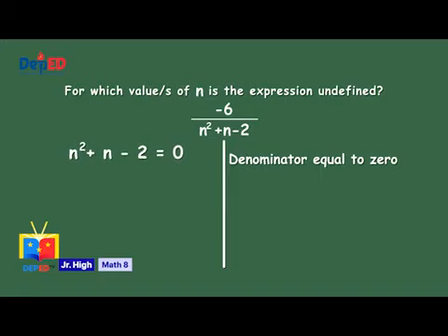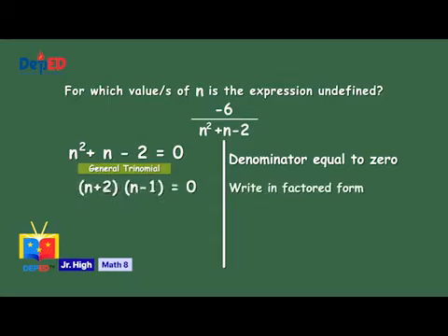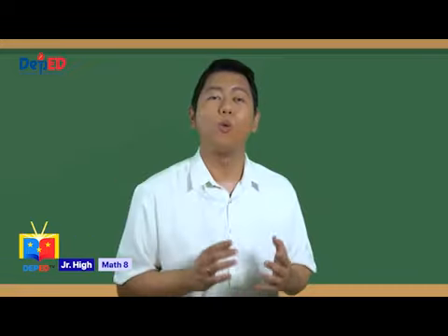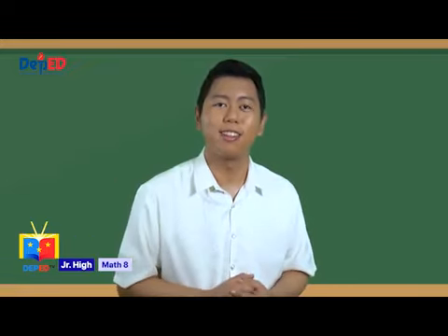Then solve the equation by factoring. The polynomial is a general trinomial, so we need to find the correct factors. The equation can be expressed as the quantity of n plus 2 times the quantity of n minus 1 equals 0. What will we do next?